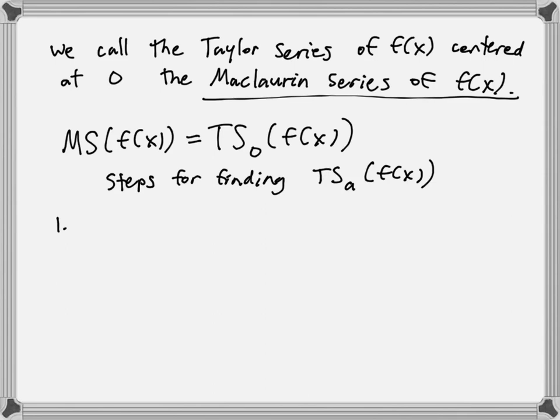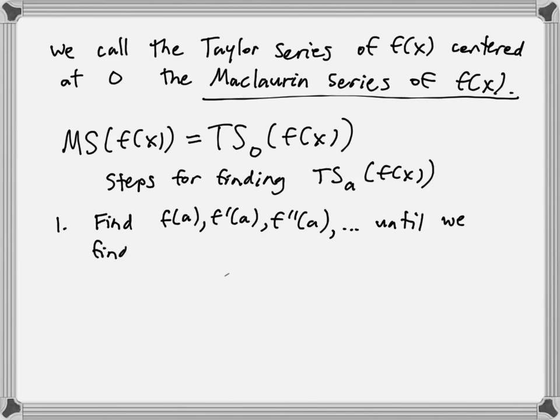So step 1 is going to be to find f of a, f prime of a, f double prime of a, and just keep doing this until we find a pattern slash formula for the nth derivative at a.